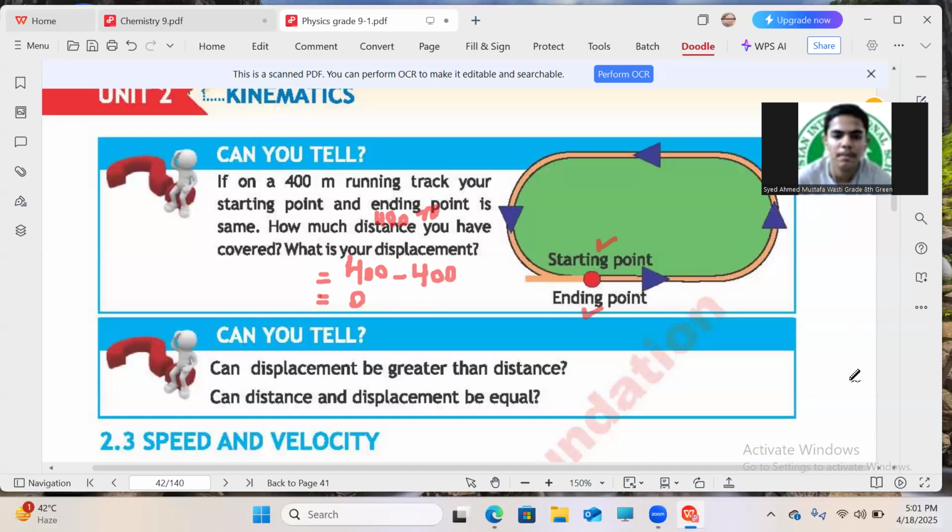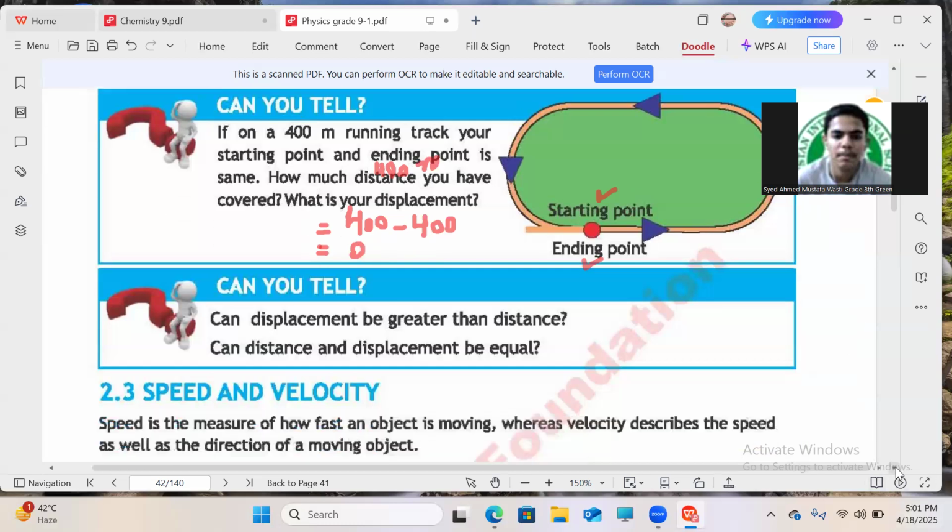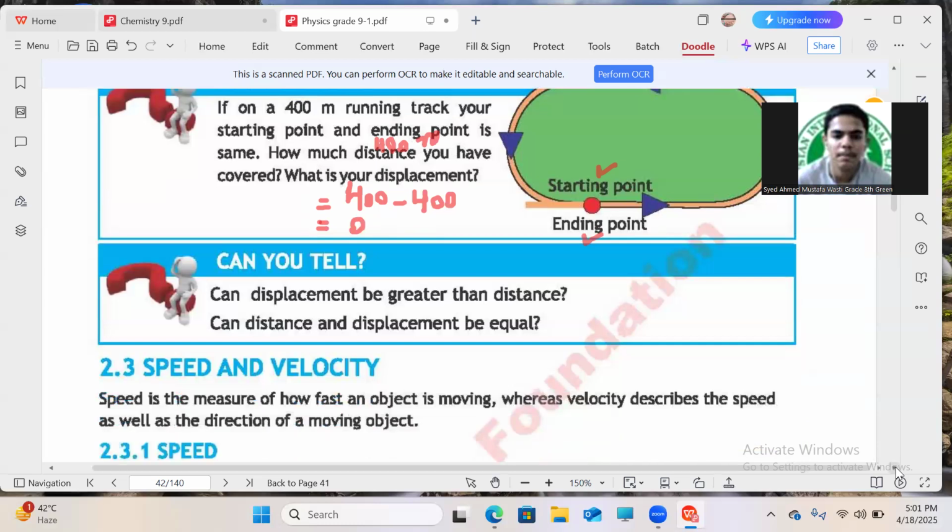No, ma'am. Displacement is the shortest distance we can cover, so it can never become greater than distance.